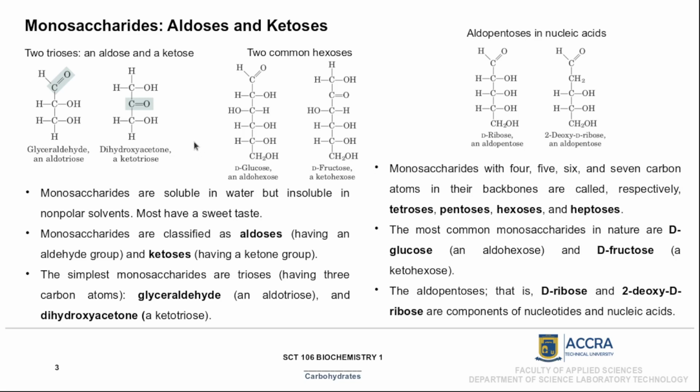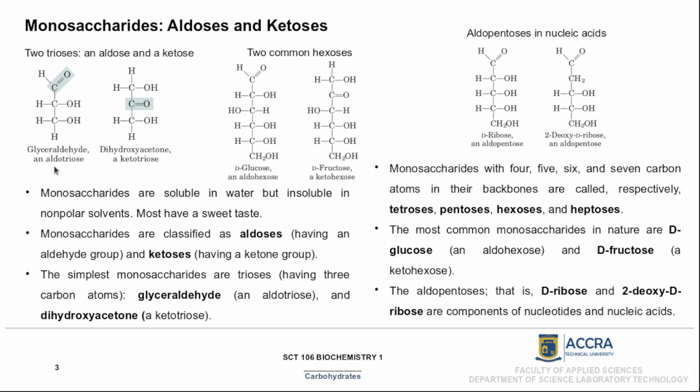The simplest monosaccharides are trioses, and these trioses contain 3 carbons. So glyceraldehyde has 1, 2, 3 carbons. So does dihydroxyacetone, also having 3 carbons in it. These are trioses. Glyceraldehyde is an aldotriose because it has the aldehyde group and it has 3 carbons in it.